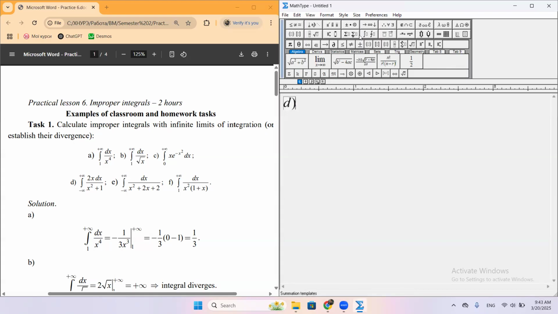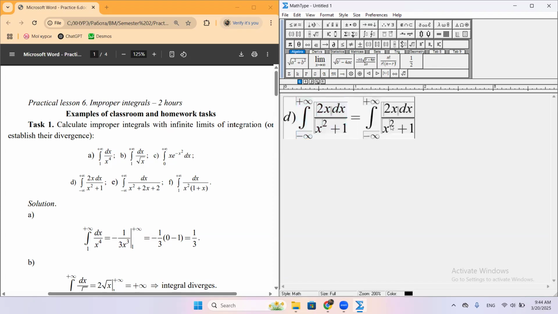The following integral, so from minus infinity to plus infinity, 2x dx, divided by x squared plus 1. So let's use the differential entry technique.